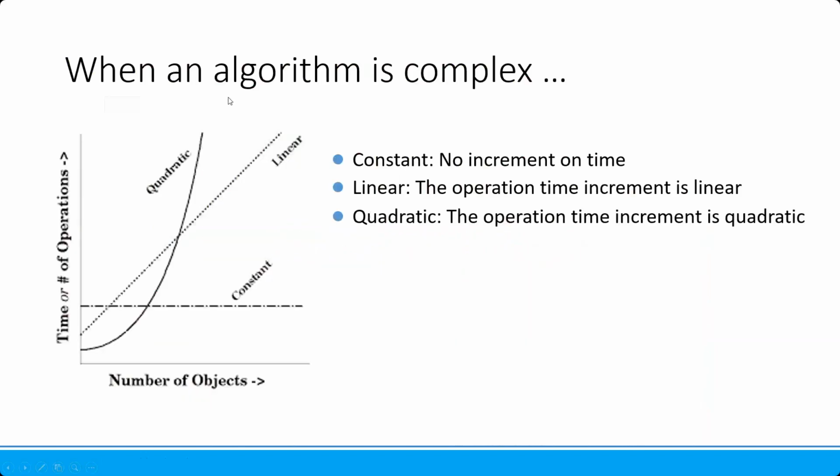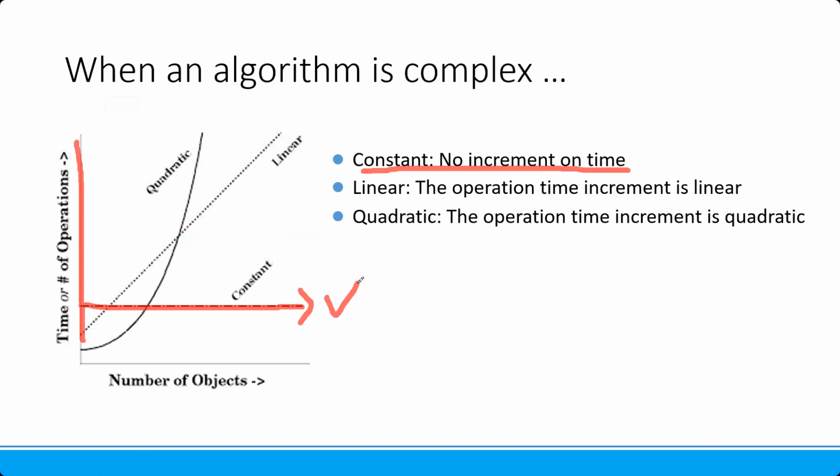It means that when the algorithm is complex, you cannot solve the problem quickly. It depends on whether your algorithm is constant, with no increment in time. It means that when the data is getting bigger, the running time is still small.